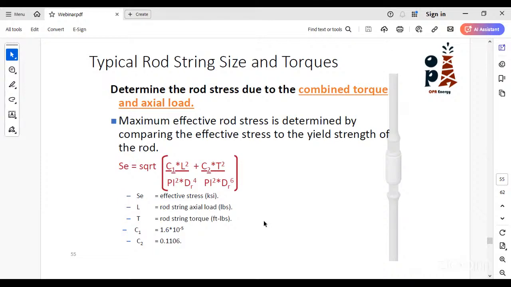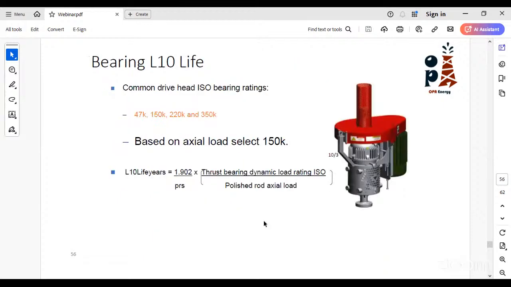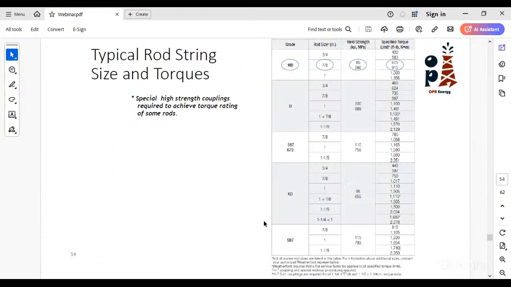So after calculating the effective stress, you can compare it to the yield stress or yield strength of the rod. And if our calculated stress is lower than this yield strength, then our rods can fit this application.